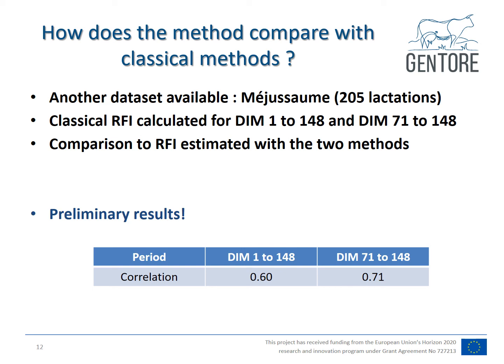So here are only preliminary results, but the correlation was pretty high in both cases, with a correlation of around 0.6 for the beginning and mid-lactation together, and of 0.7 if we consider only mid-lactation.